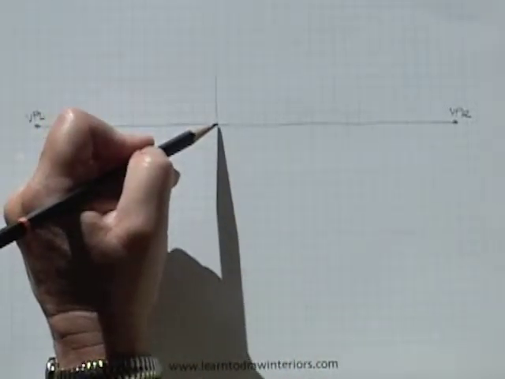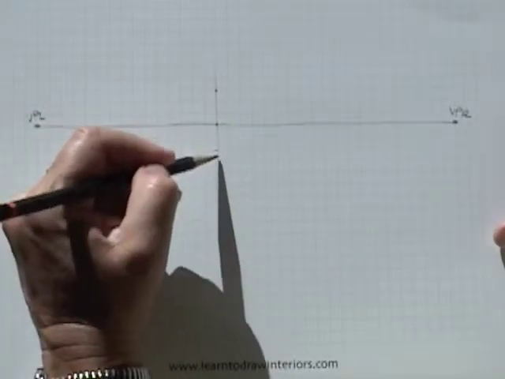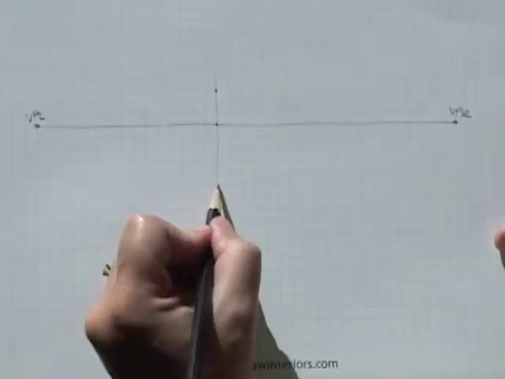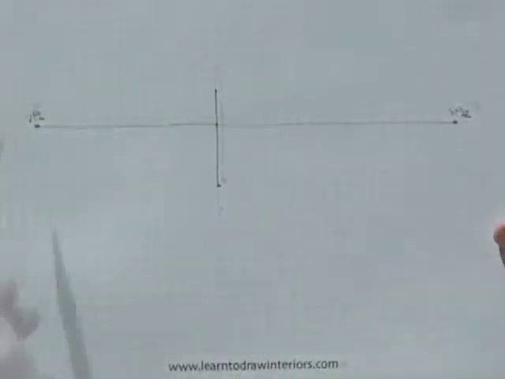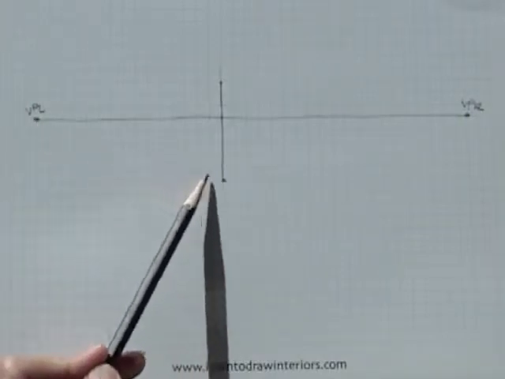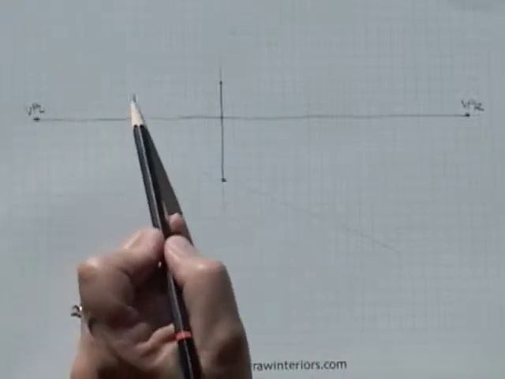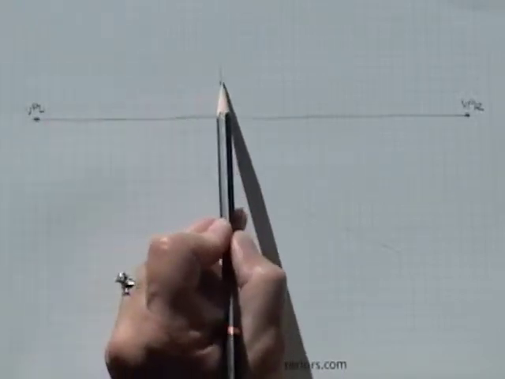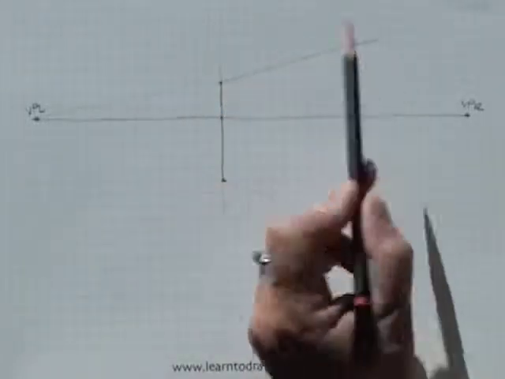So if it's an 8-foot room, we go above the horizon line at 3 feet, and below we go 5 feet. 1, 2, 3, 4, 5. This is our true height corner. From each vanishing point, we'll start with vanishing point left and sketch lightly. Go lightly to the top of the true height corner and out.